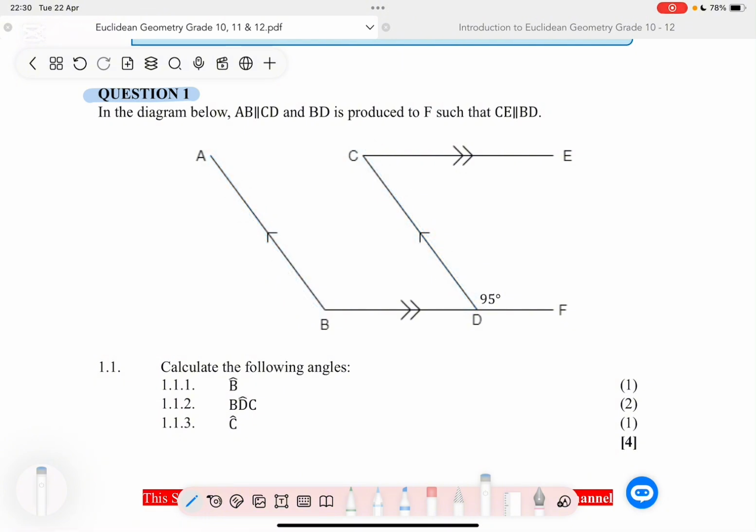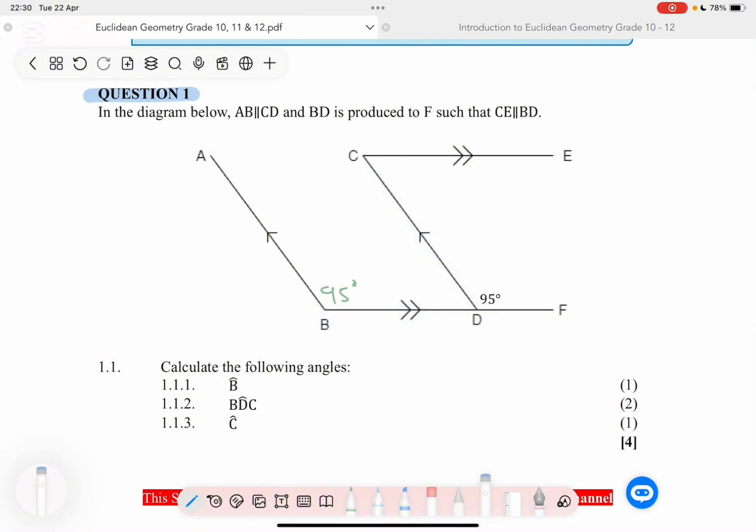That's why those two angles will be the same when we have a transversal there. So here we also have 95 degrees. The next question, 1.1.2, says we should find angle BDC, meaning this angle here.